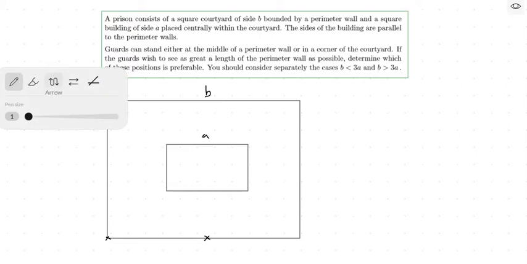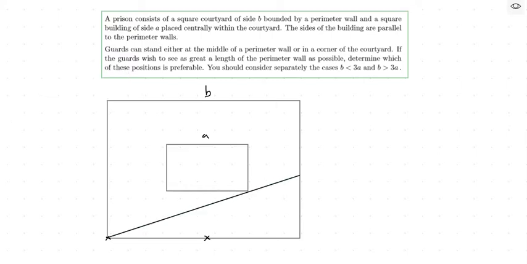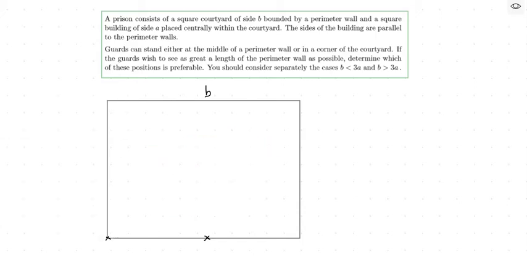So if I were to draw lines from this corner like this, and change the size of A, let's change the size of A to be much smaller, because these conditions affect the relative size of A to B.